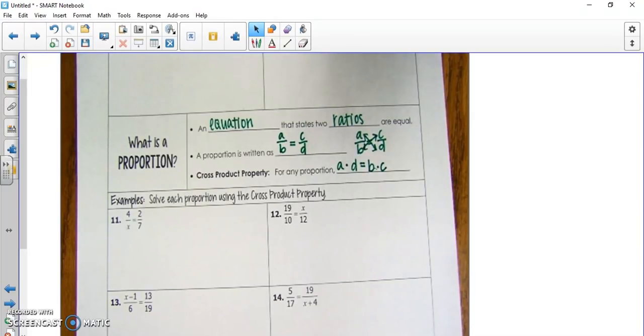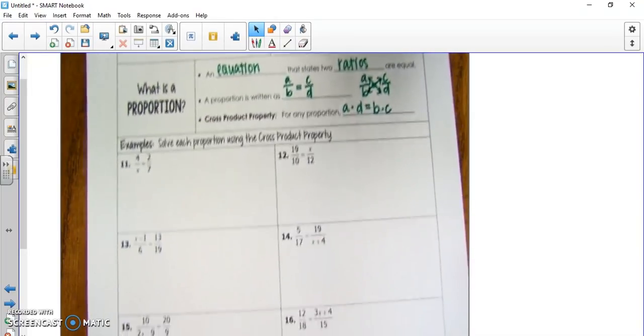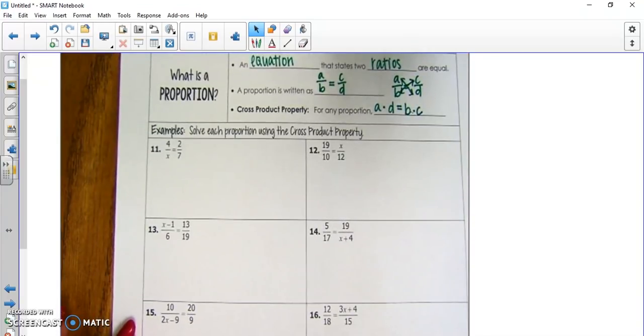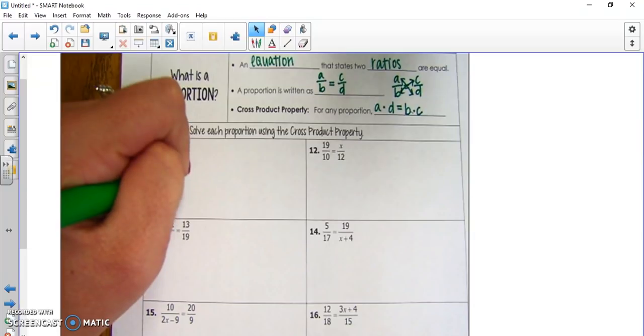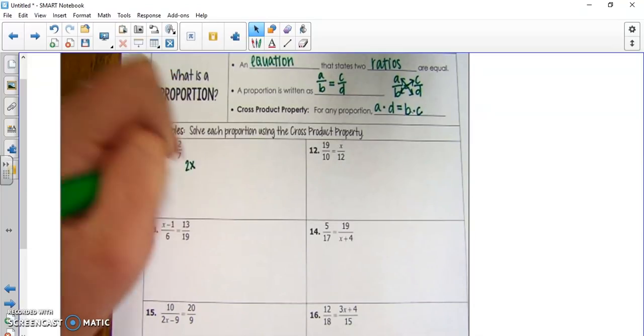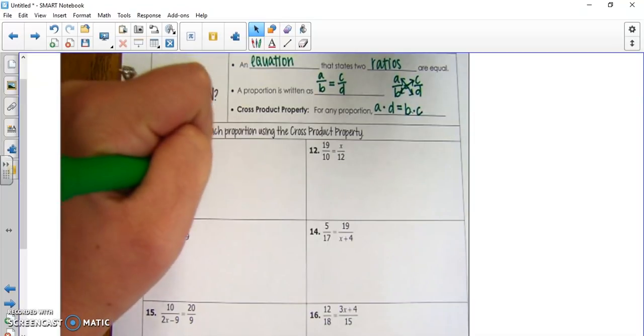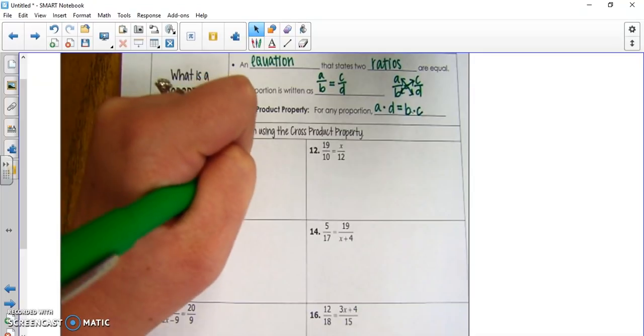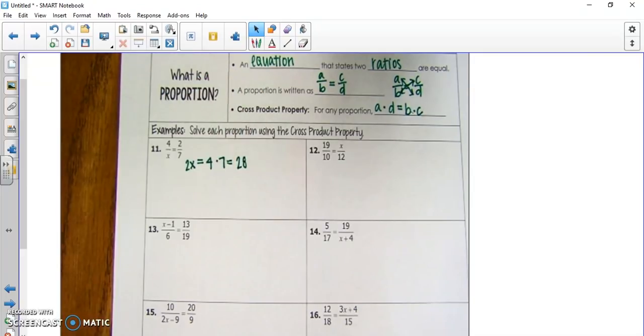Alright, and then we have some examples. So we're going to solve each proportion using the cross product property. So we need to set up our proportions. So we're going to have 2x is going to be equal to 4 times 7, which equals 28.